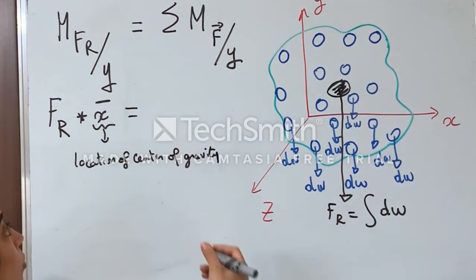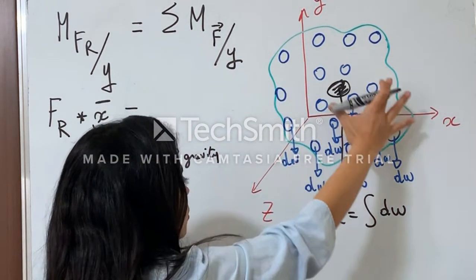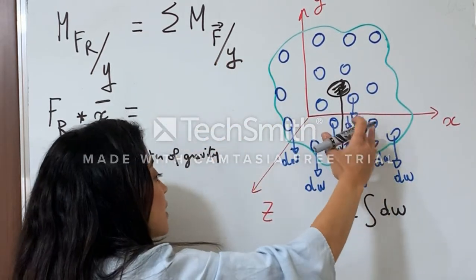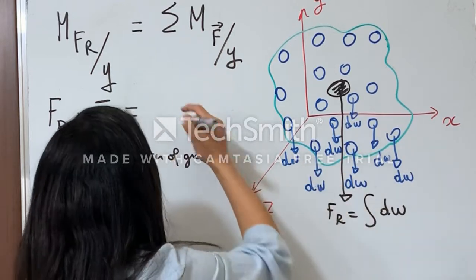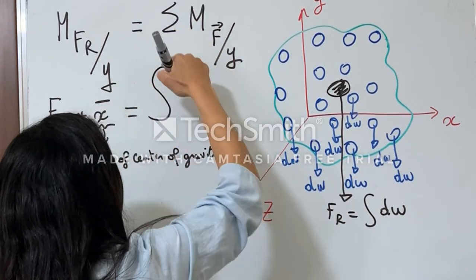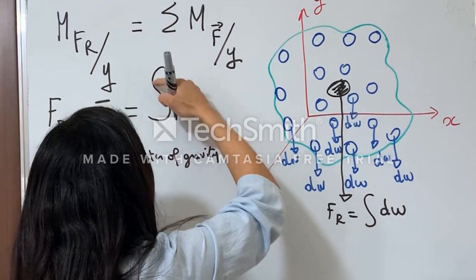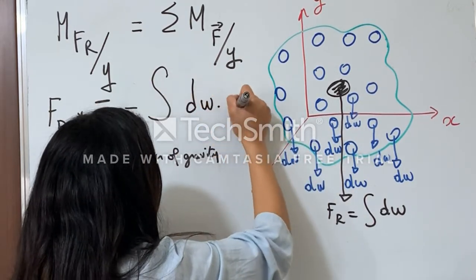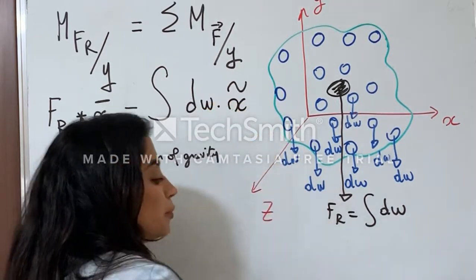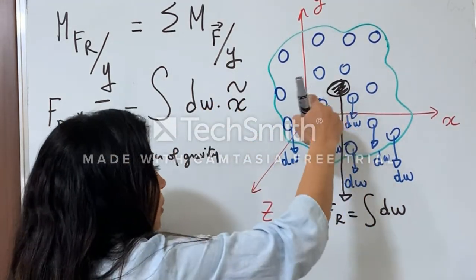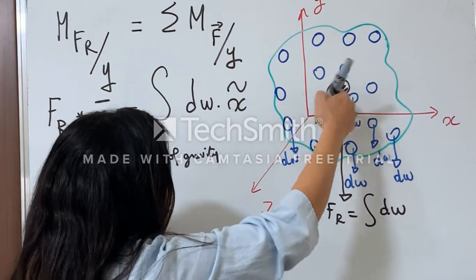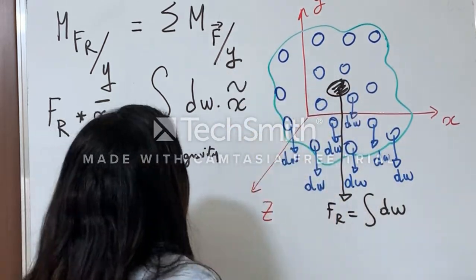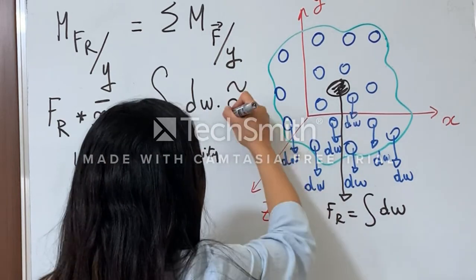To the sum of moment of all these forces dw around y. And since here, guys, I have a differential w, then I will replace the sum by the integration. So it is the integration of dw times x of each dw. So each dw has a certain x, the distance between this dw and y, and the distance is here represented by this symbol x.